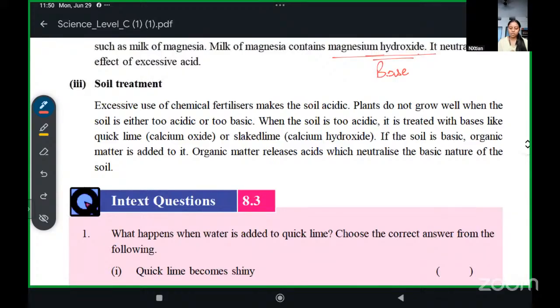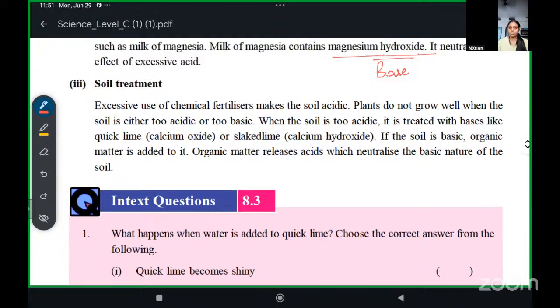Now, when the soil is too acidic, it is treated with bases. Bases are mixed with the soil to neutralize it. Bases such as quicklime, that is calcium oxide, or slaked lime, that is calcium hydroxide, are added to the soil to neutralize it.